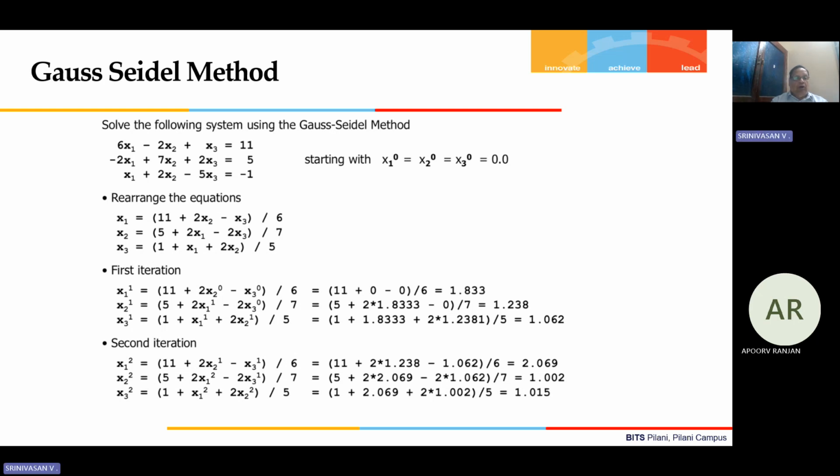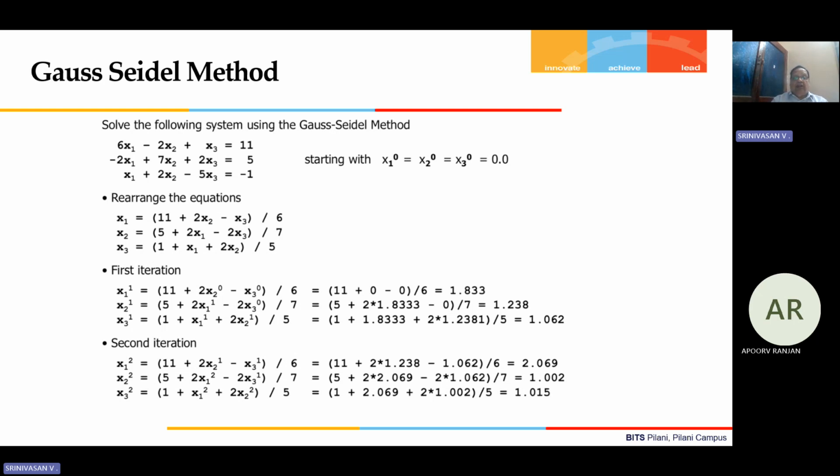In the second row, 7, the principal diagonal element in that row, is greater than modulus of -2 plus 2, that is 4. And in the third row, -5 actually is the coefficient of x3. So you have to take modulus of it, which means 5 is greater than 1 plus 2, 3. That's the reason why it is given strictly. It's not greater than or equal to, it should be strictly greater than.